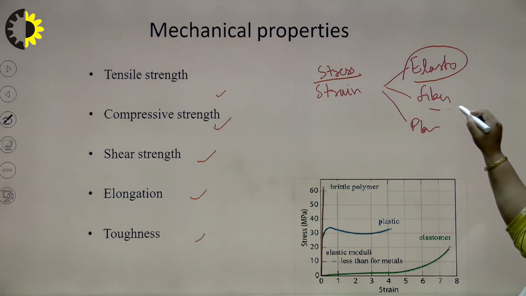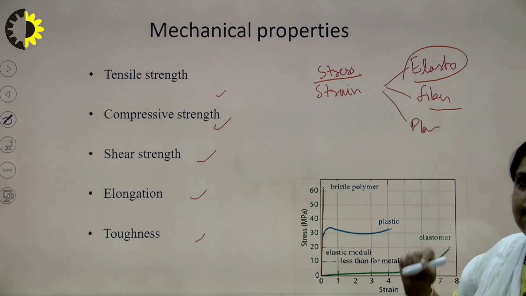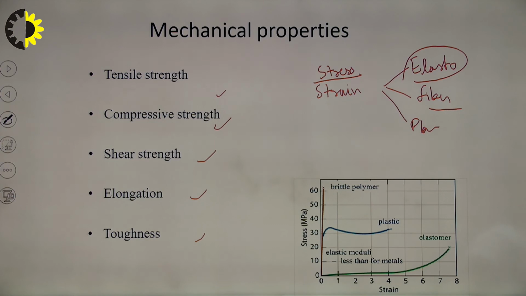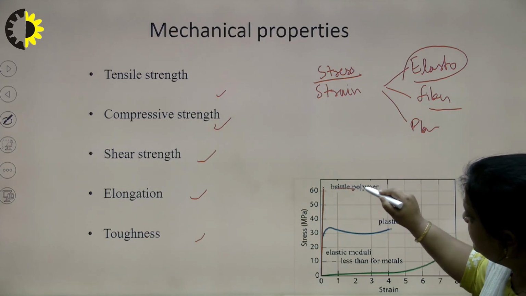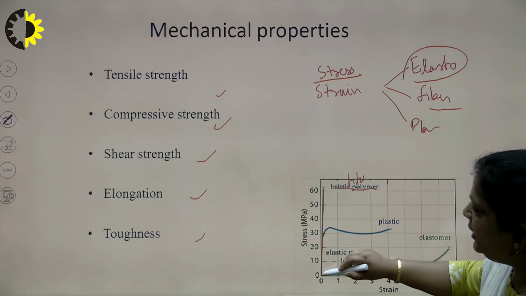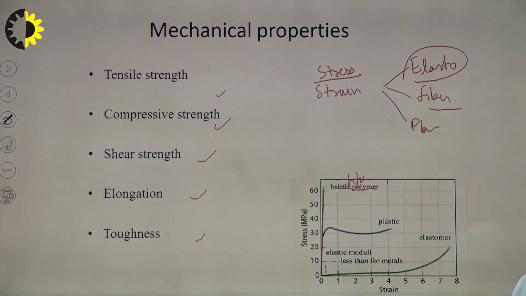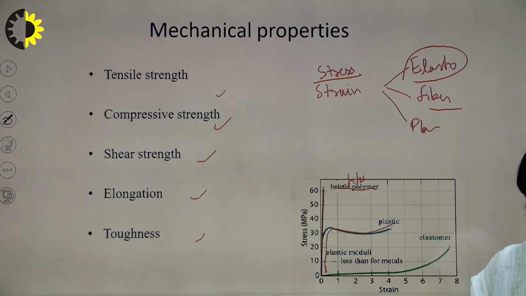While in case of fiber, it can't be stretched. So, here generally we can write fiber. Here the strain is minimum, but the stress is high. And third is plastic. Plastic has this type of property, that is some value of strain as well as stress.